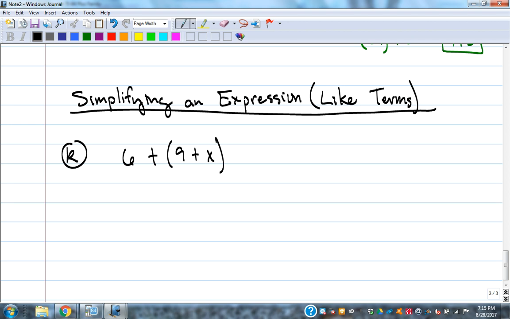But what are the like terms here? 6 and 9, they're regular numbers, right? So they're going to go together. What is 6 plus 9? 17. And then the x is just hanging out. He doesn't have any like terms, so he's just got to watch. 15, not 17. Thank you.